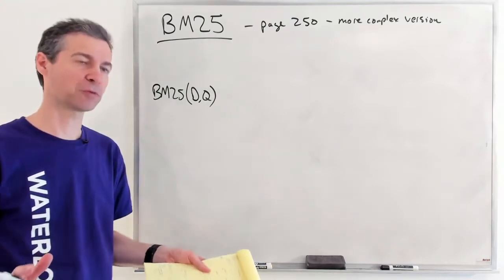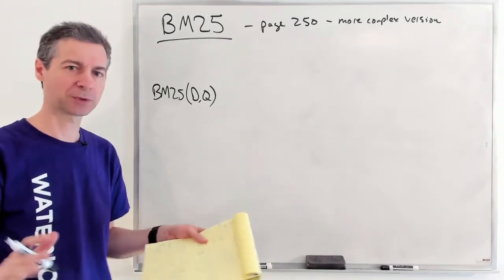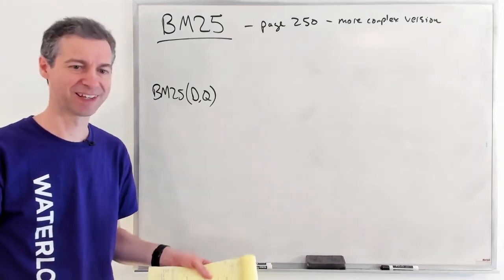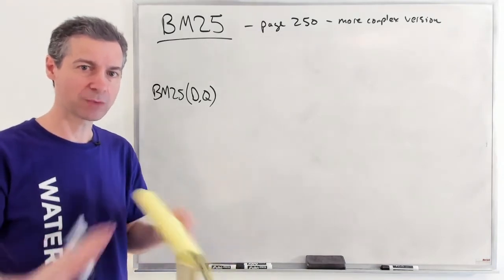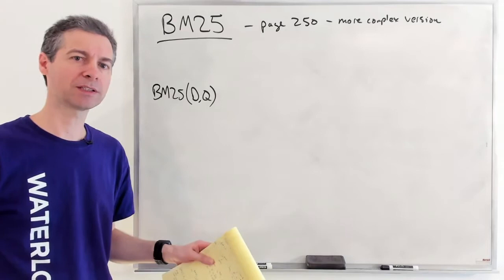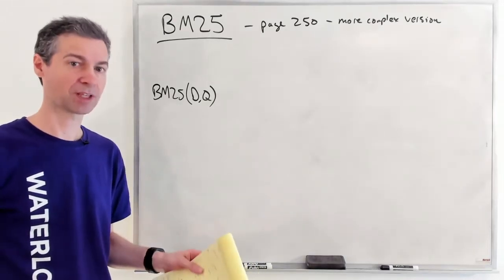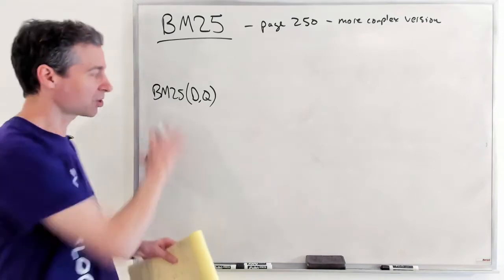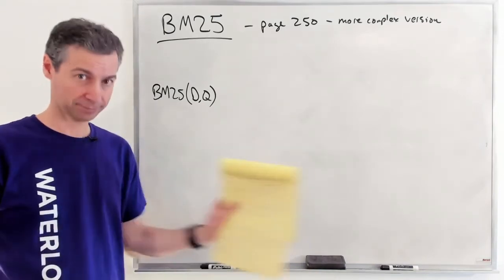So let me be careful, because 0 might be a really good score if we're scoring things with negative numbers. We're never going to put it in our rank list if it doesn't have any of the words in the query. So we don't actually ever compute it over all documents.